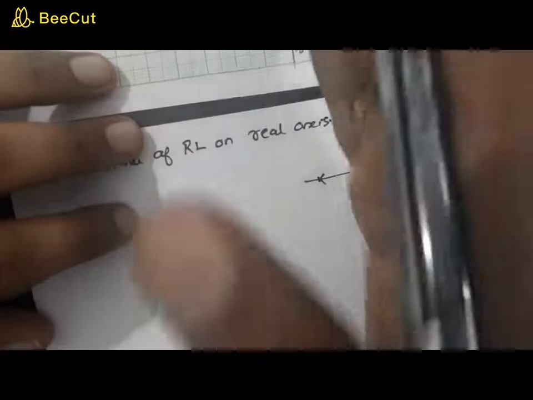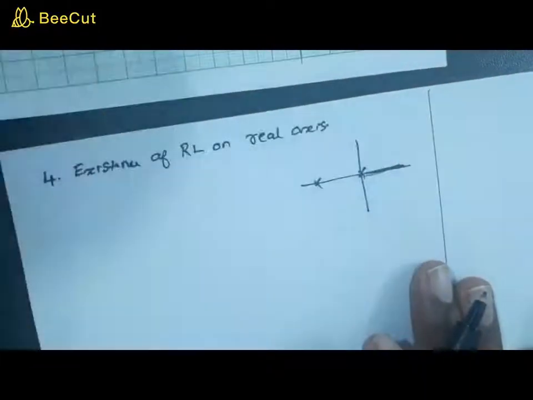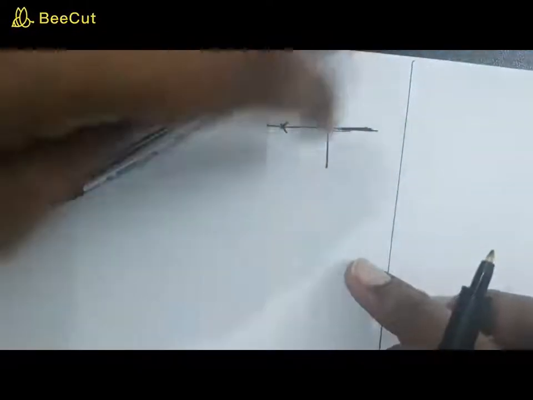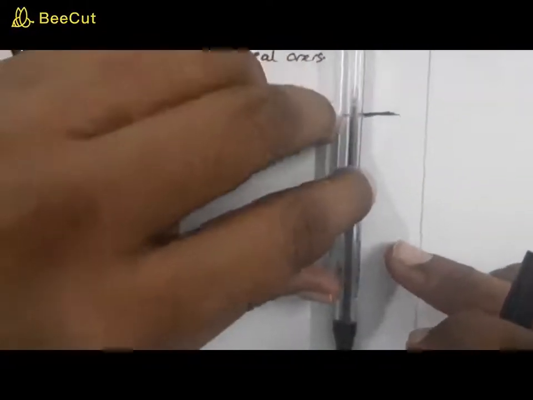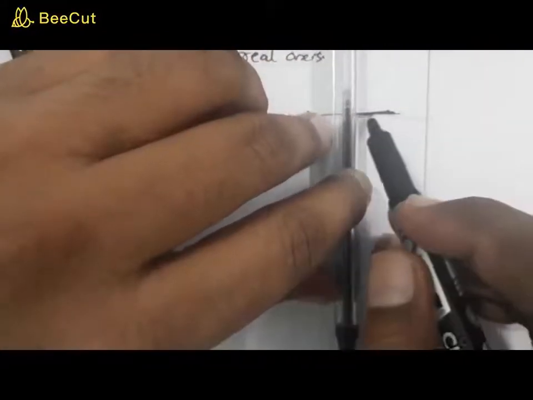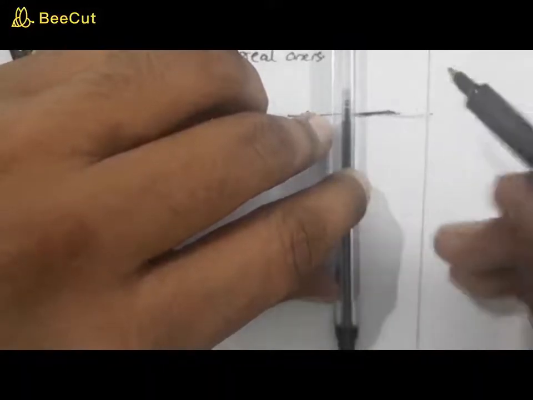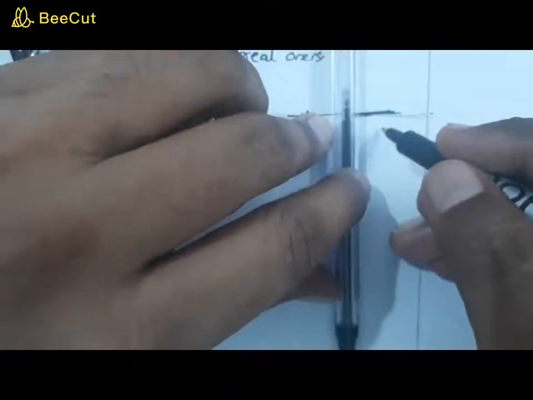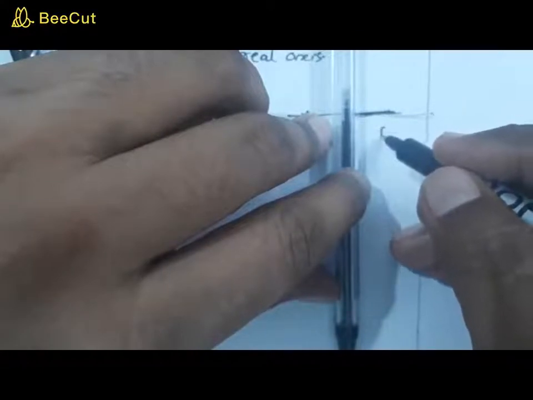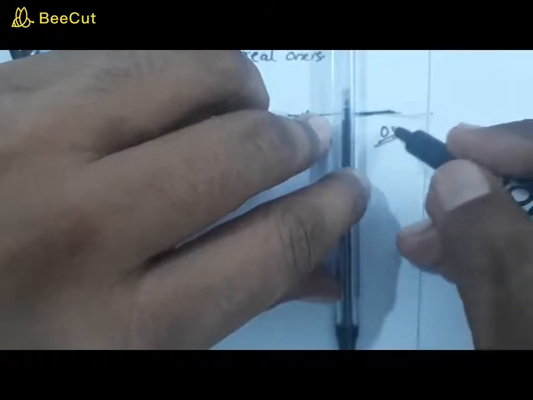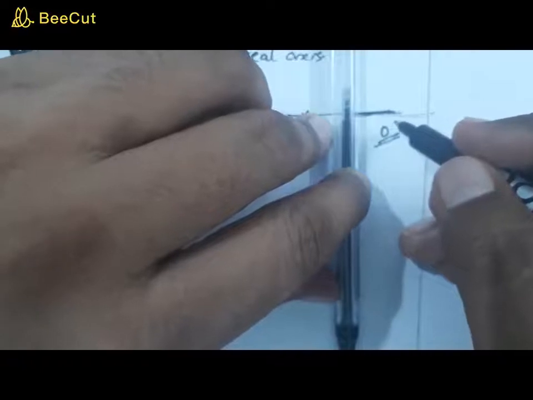So what I need to do is, I place my pen on this point and see that the sum of the number of poles and zeros to the right.